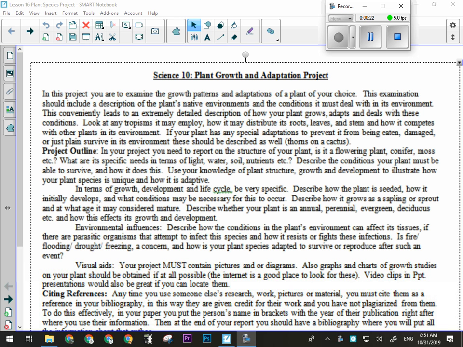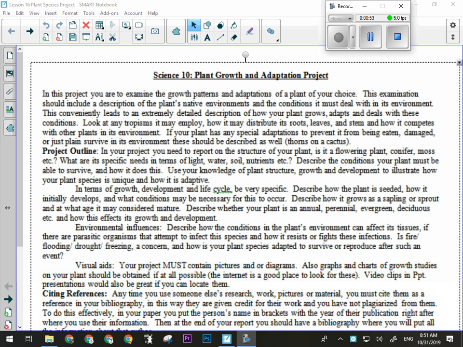Right? But what we are going to be looking at in this research project is you choose the plant species. Okay? You can choose whatever plant species you want. We want to look at it from the standpoint of adaptations to its environment in regards to the things we've talked about. That would be growth patterns like tropisms, okay, how it transports water, maybe conserves water, okay, anything that's an adaptation to its environment, maybe a way that it protects itself from predators.